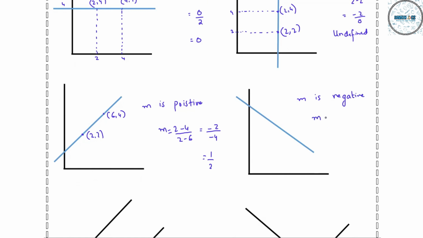M is equal to, if we take two coordinates here, (6, 2) and (2, 6), y2 minus y1, which is 2 minus 6 upon 6 minus 2. So 2 minus 6 is minus 4 and 6 minus 2 is 4. So the gradient is equal to minus 1.